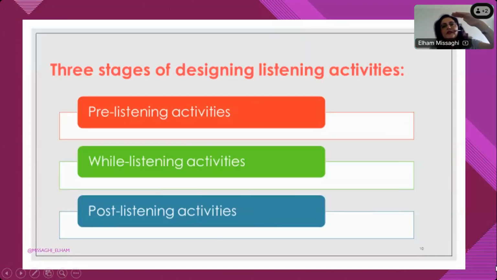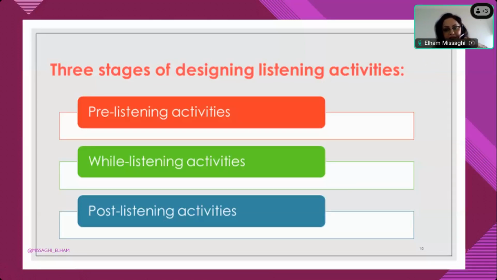Okay, so for your lesson plan, process part, teaching any skills has 3 stages: pre, while, post. For listening, we call it pre-listening activities, while-listening activities, post-listening activities.